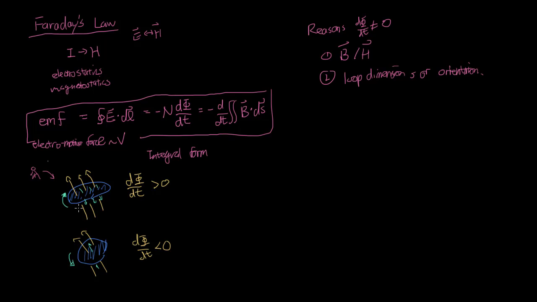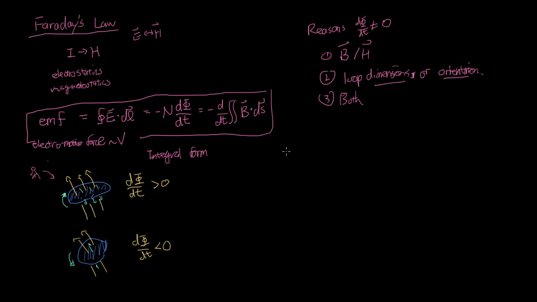If this suddenly was rotated out of alignment, then the effective flux going through would decrease. Or if it was rotated into better alignment, where the flux lines go through it more normally, more at a 90-degree angle, that would also increase the effective flux.